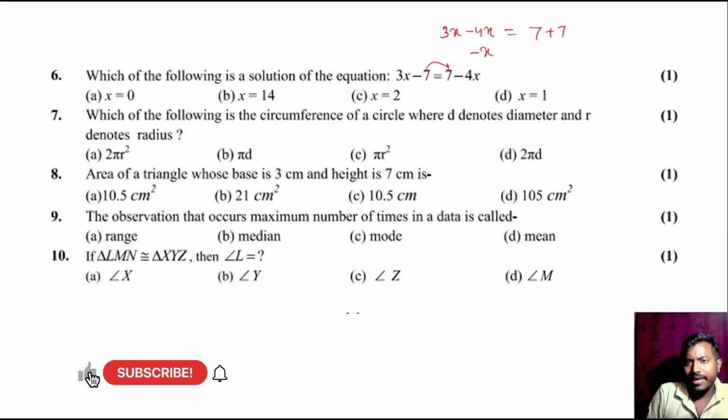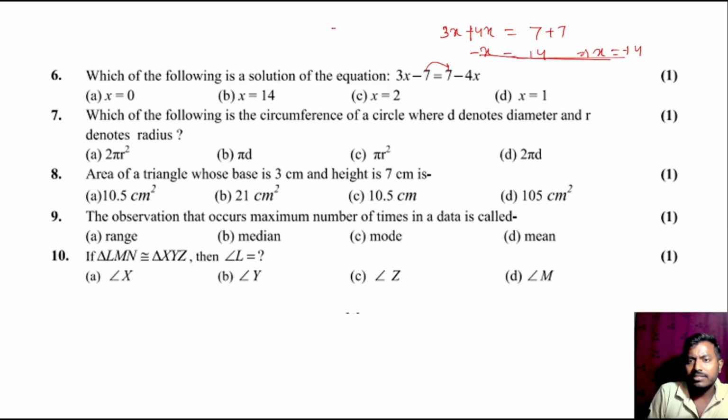Sorry, it is plus. Plus means 4 plus 3 is 7x equals 14. So x equals 14 by 7, which equals 2. So the answer 2 is the correct answer.